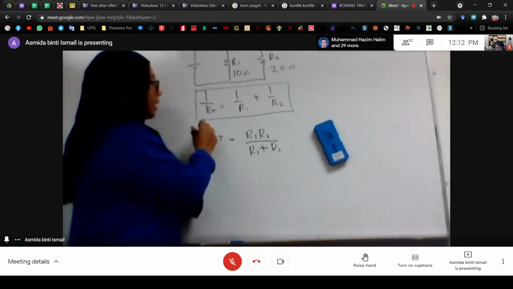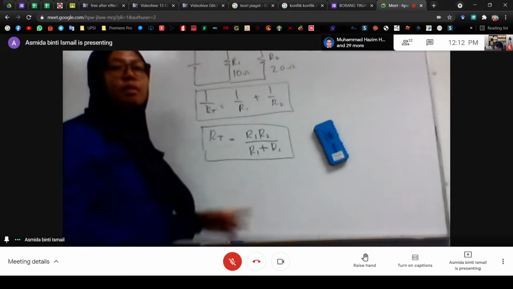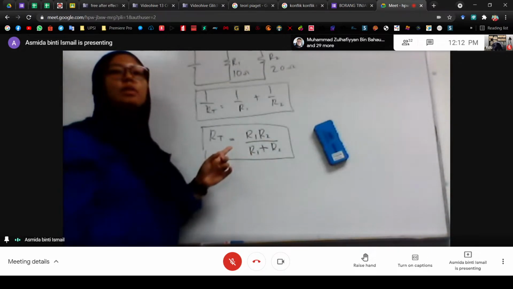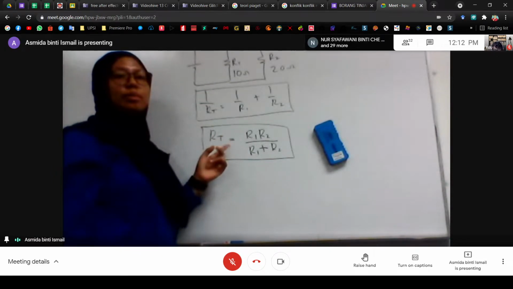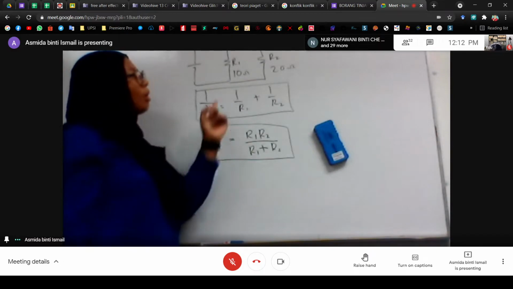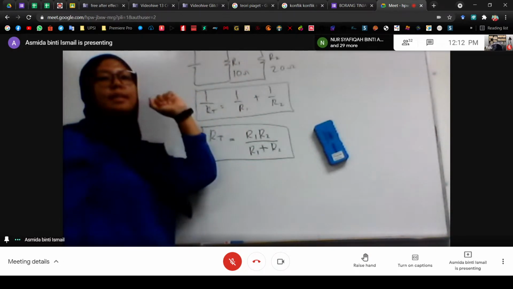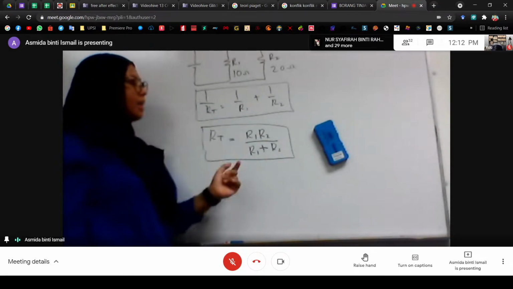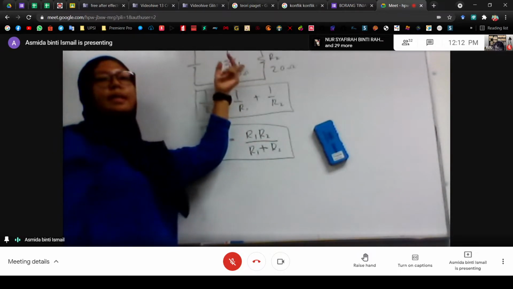This is another version, another formula that you can use. But this formula is only for two resistors connected in parallel.